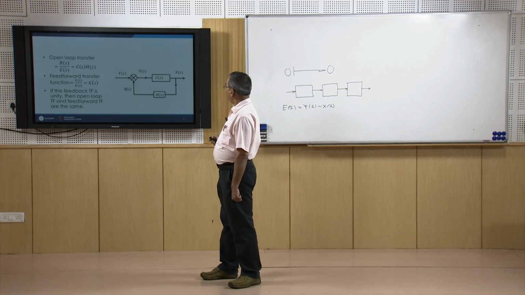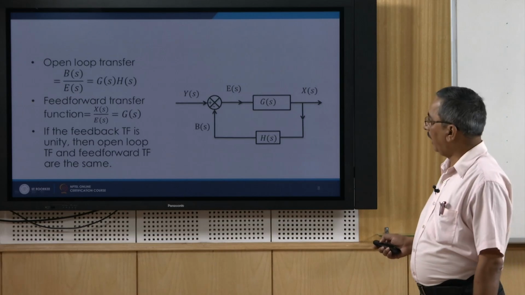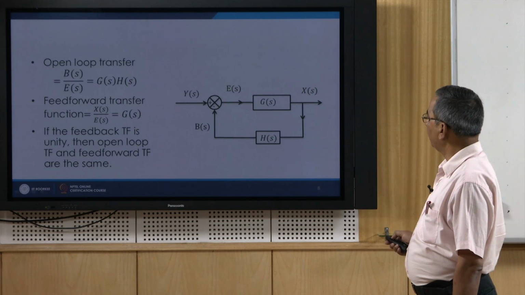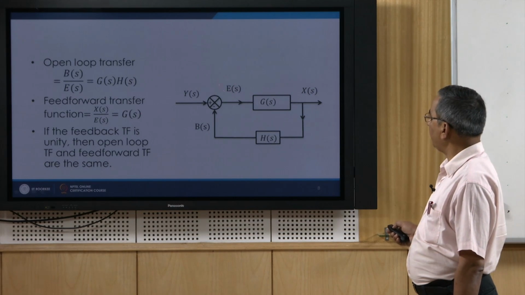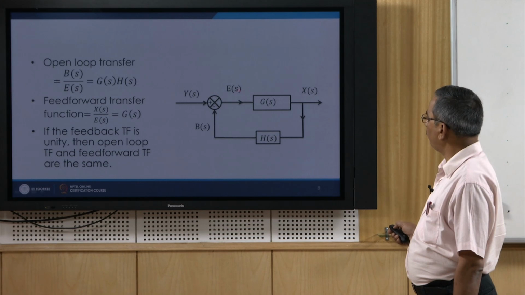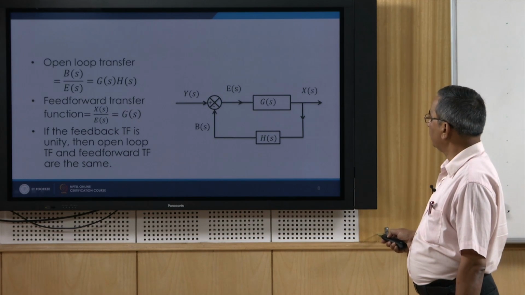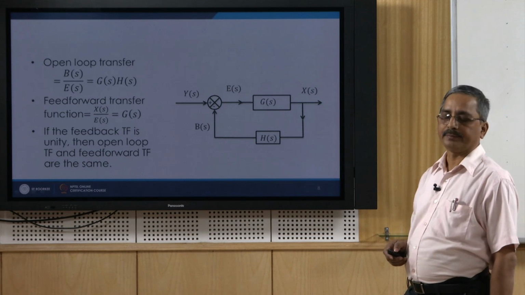I can also define the feed forward transfer function, and this feed forward transfer function is the ratio Xs by Es, that is output by this error signal, and this Xs by Es is what is called Gs.